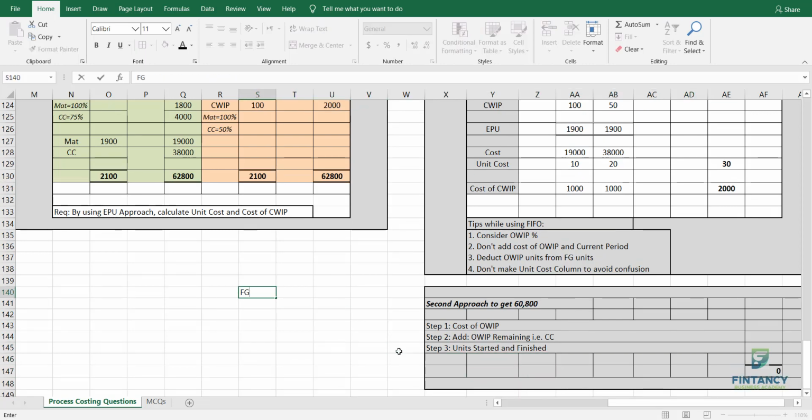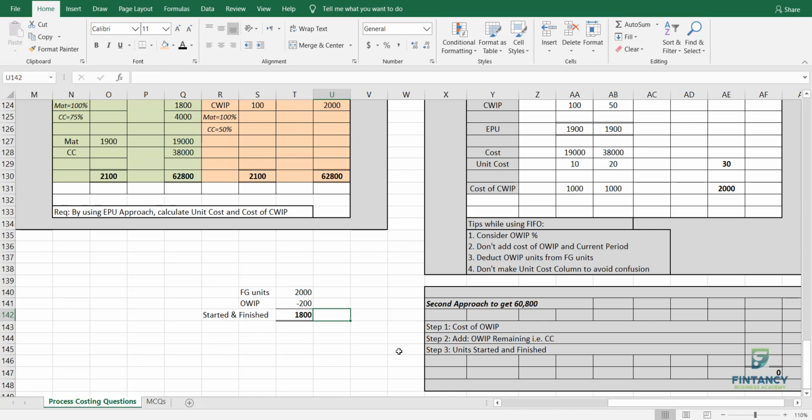Finished good units, how many? 2000. In this 2000, there are two elements. The number one element is coming from opening work in progress, which are how many? 200, right? And the remaining units are called started and finished. Right, everyone? Started and finished. So if you net off, 1800.